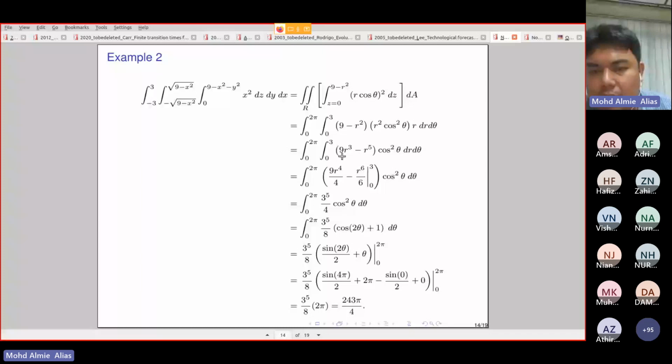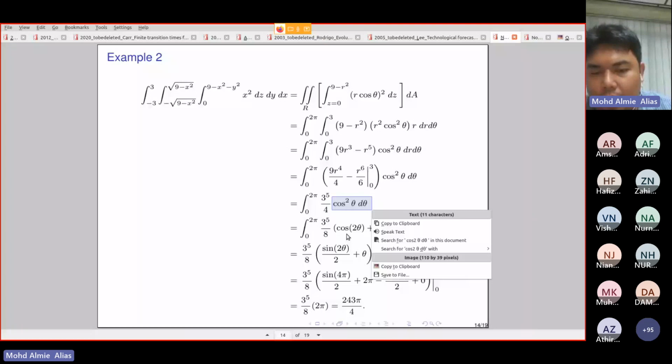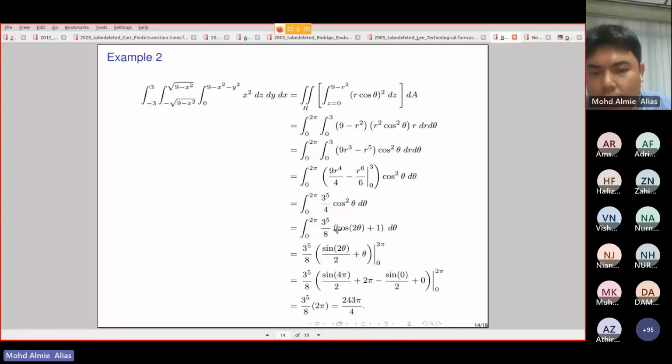This is a constant, so just maintain it. Now you need the double angle identity, and you get this divided by 2, which is how you get 8 here rather than 4. Then integrate cos 2 theta, which equals sine 2 theta over 2 plus theta, and you get this.